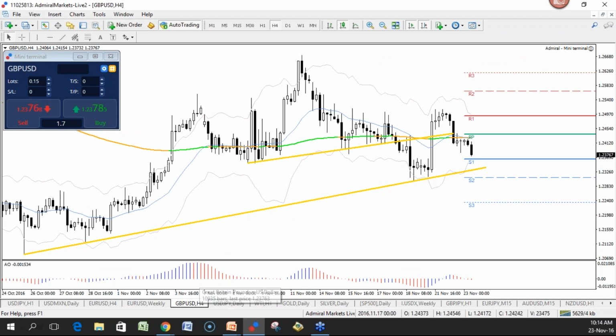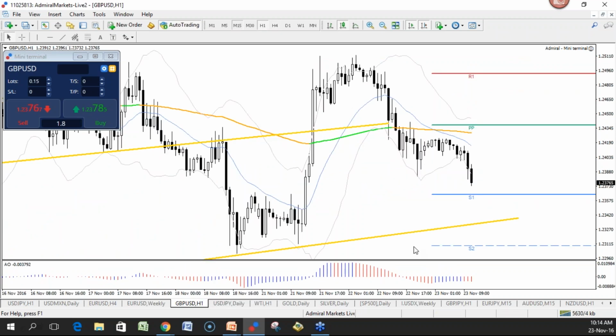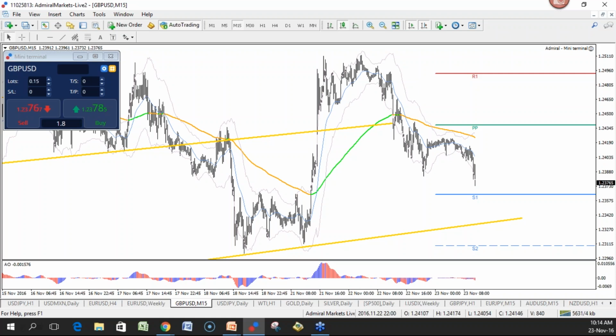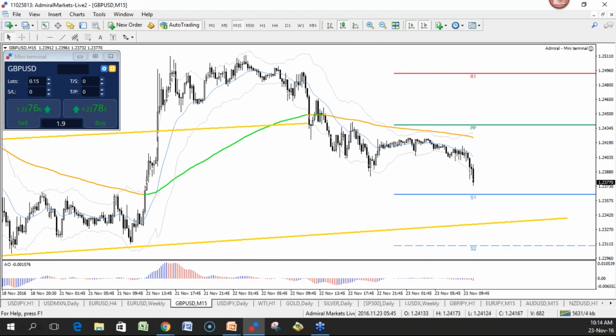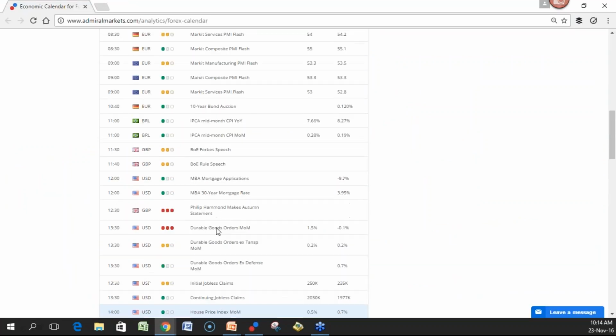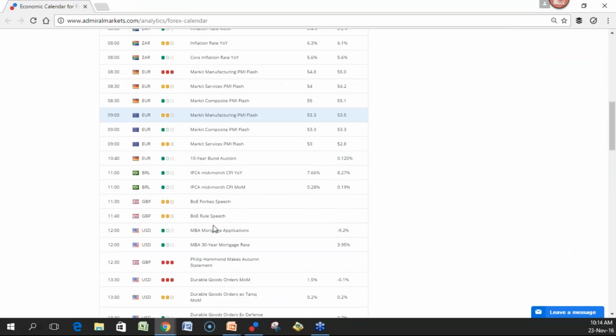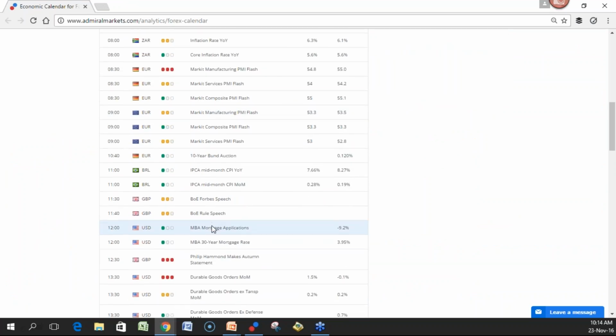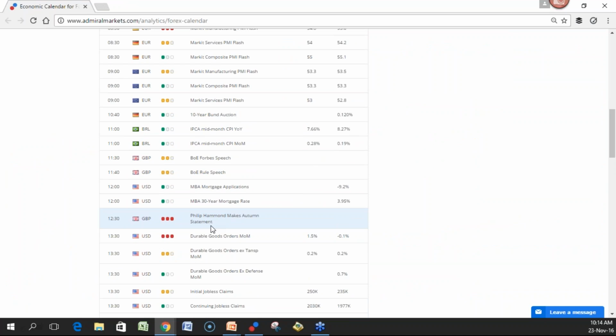Oh, the pound is moving lower actually. The fundamentals. Let's take a look. I'm not sure what to expect from that, to be honest.